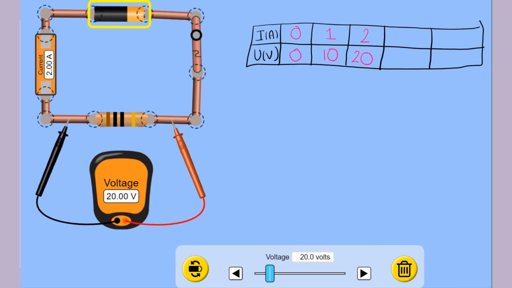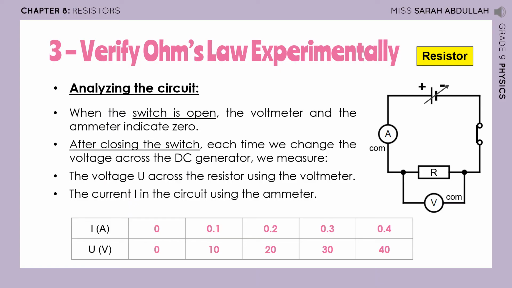Let's increase the voltage to 30 now. The voltage across the resistor is 30 and the current flowing in the circuit is 3 amperes. And let's increase it again now to 40. The voltage across the resistor is 40 and the current flowing through the resistor is 4 amperes. So this is the table, we filled it out.